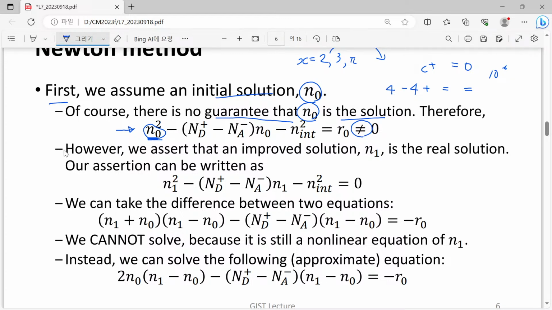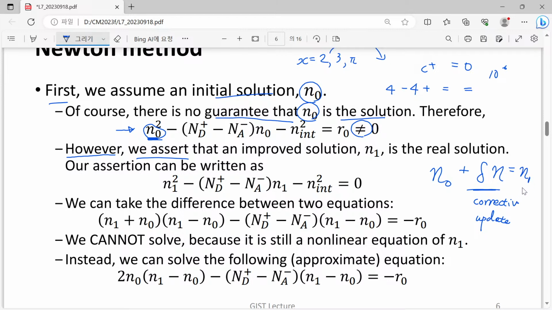Anyway, now let's assume that at the first trial your solution n0 is not the real solution, but you are not frustrated. We assert that, okay, currently our n0 is not a solution, but I will improve it. By adding a certain amount of correction, the so-called update, we can generate an improved solution n1.